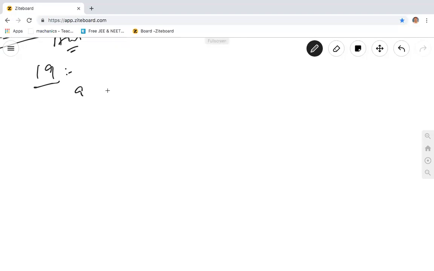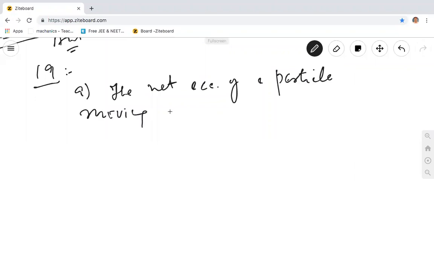First statement is, the net acceleration of a particle in circular motion is always along the radius of the circle, always towards the center of the circle.